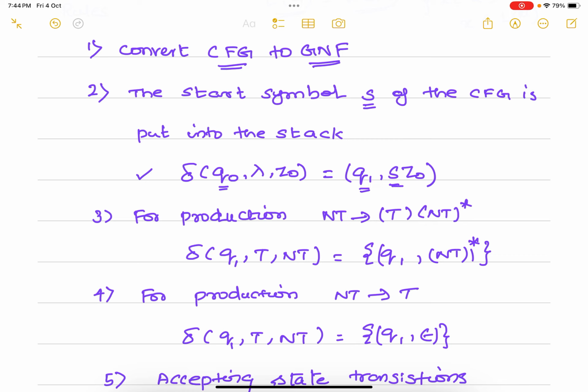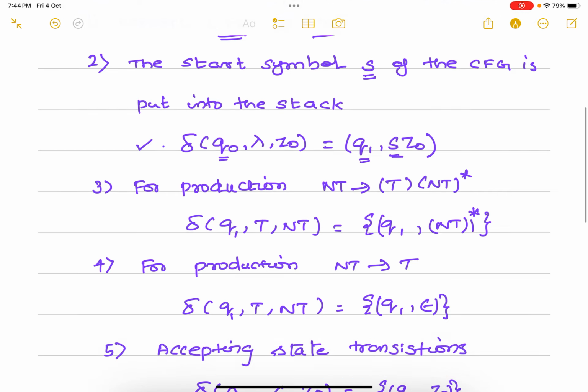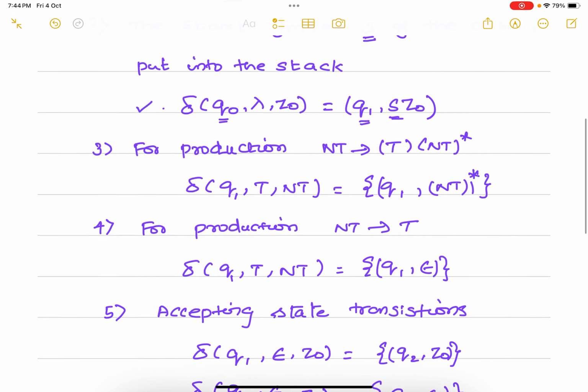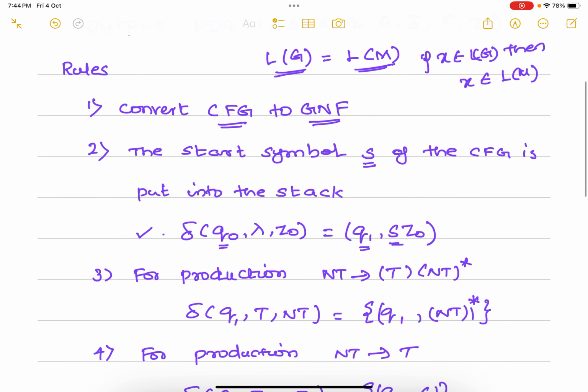Whatever the start symbol is, we have to push it inside the stack with the help of this transition. Now, we know that when a particular grammar is in Greibach normal form, we will have productions of the form single non-terminal followed by single terminal followed by 0 or more non-terminals.